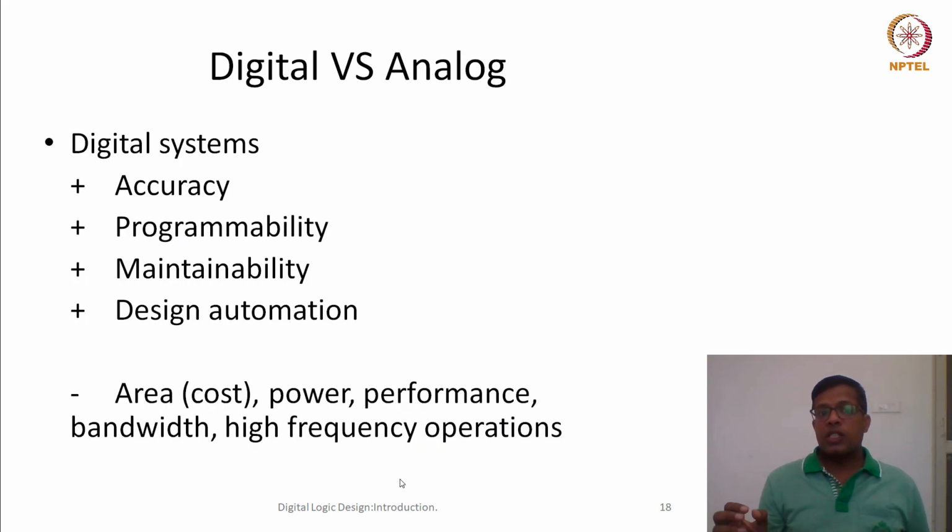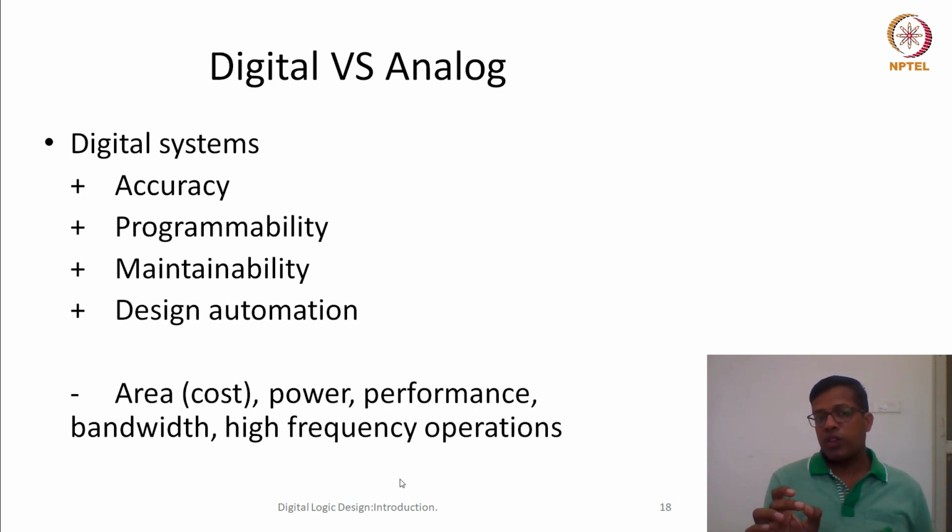One of the reasons is, my digital system will give me very high accuracy. So let's take an example. Let's say my analog signal is between 0 and 5 volt. Okay, let us say the value is 3.5 volt.